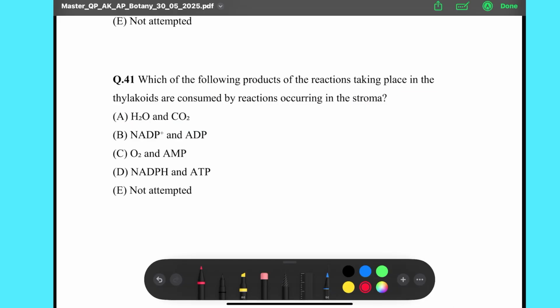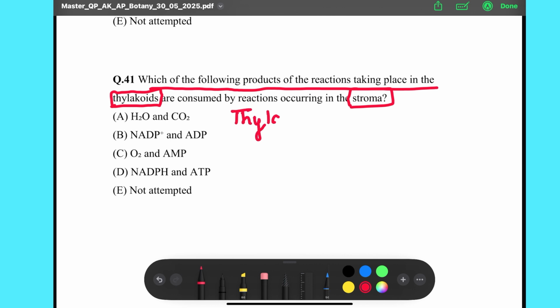let us move to question number 41. Which of the following products of reactions taking place in the thylakoids are consumed by the reactions occurring in the stroma? Listen, recall the process in thylakoid and stroma. When there is a photosynthesis process, there is one organelle, that is thylakoid.